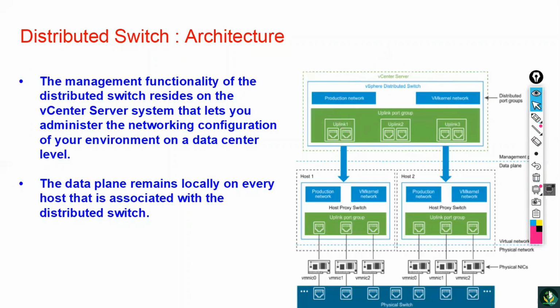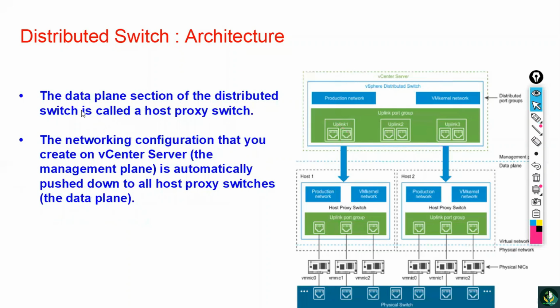The data plane section of the distributed switch is also called host proxy switch, and the network configuration that you create on vCenter Server, the management plane, is automatically pushed onto all the proxy switches. Whatever configuration you do at the distributed switch will be pushed to the ESXi hosts.